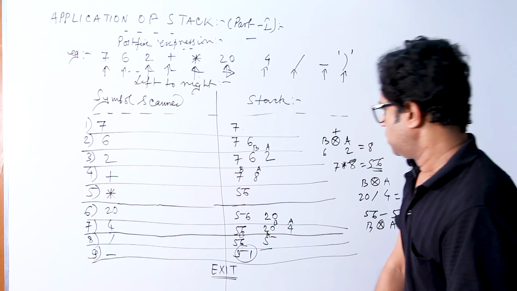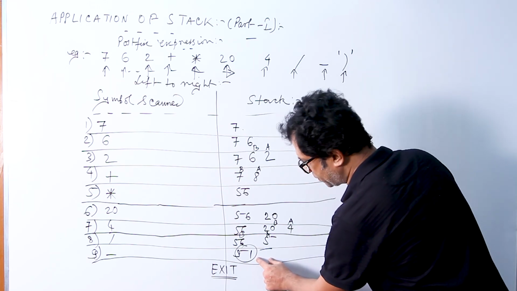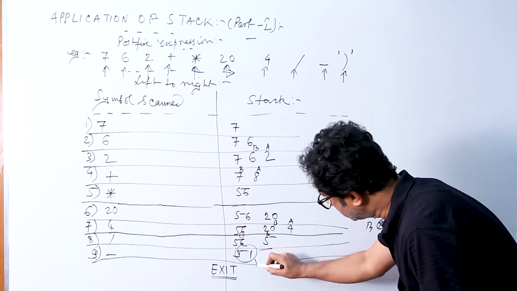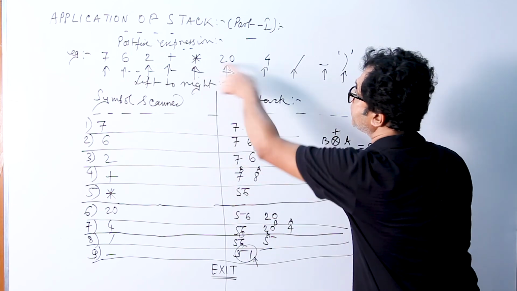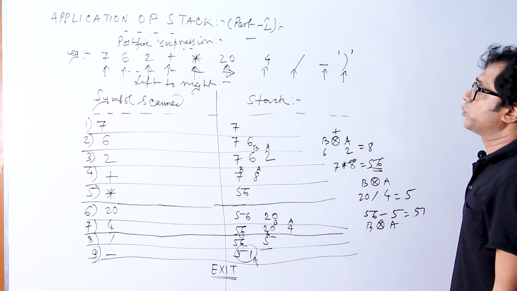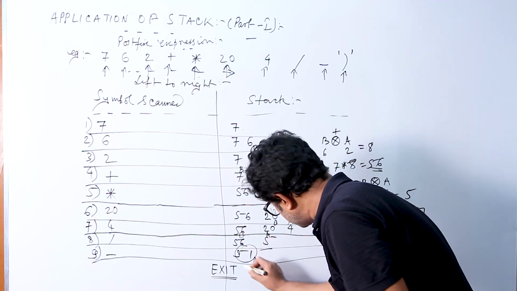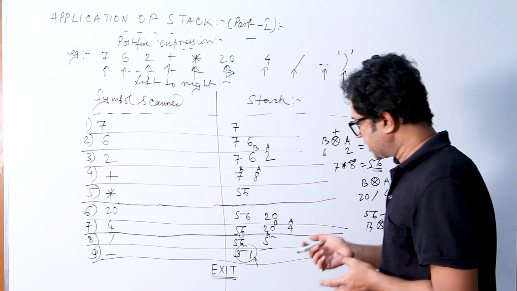Whatever is in the stack in the last step, that is step 9 in our example, is to be taken as the value of the postfix expression given as an input. So this 51 is nothing but the result of the evaluation of the postfix expression.